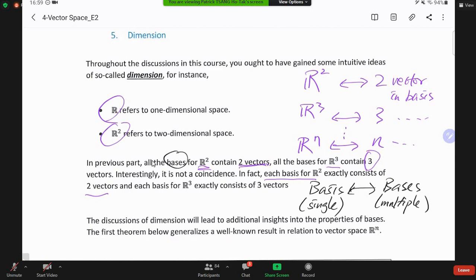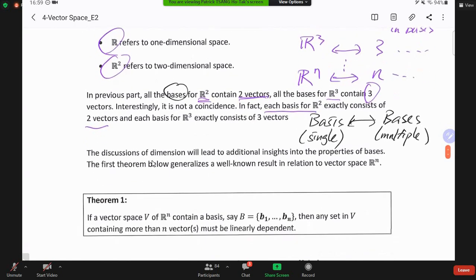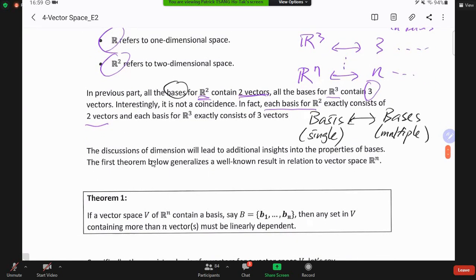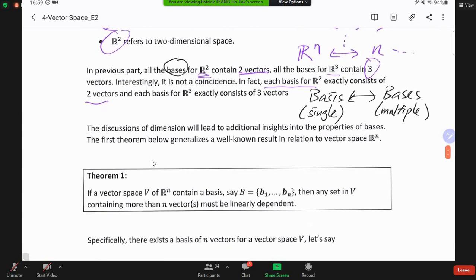Based on what we have discussed so far, I would like to lead you to the first theorem of this subsection. Theorem 1, and this is a very interesting and very important theorem. Suppose you are given a vector space V of Rn space.